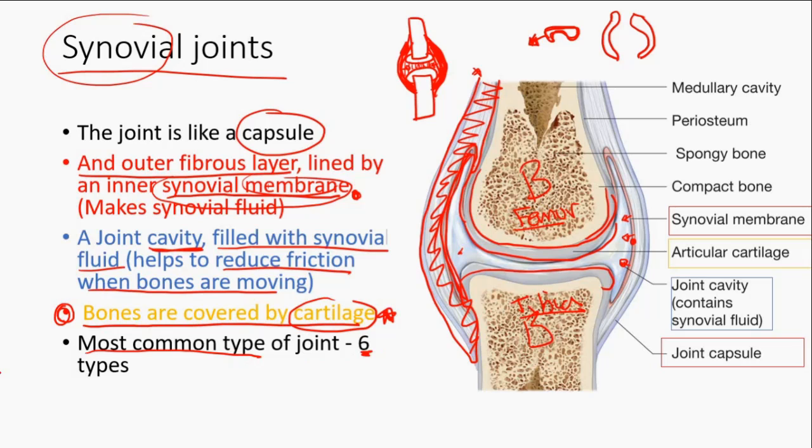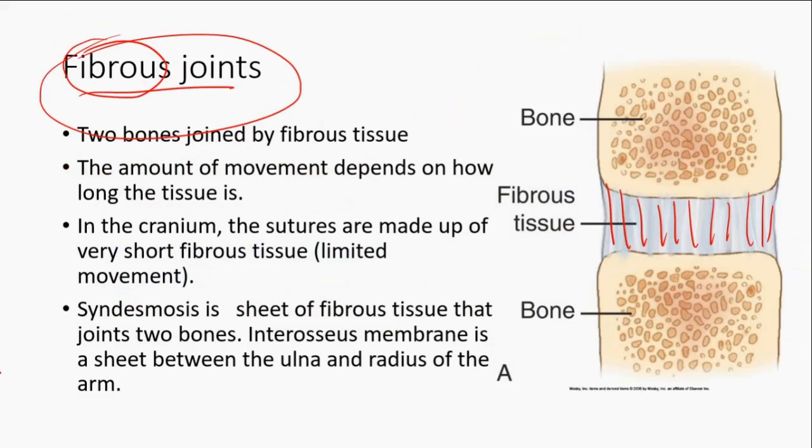But the bones where there's little movement between them will tend to be a fibrous joint, where the bones are stuck together essentially, just to hold them in place. So the bones are joined by fibrous tissue. There still can be some movement, but it really depends on how much tissue there is.